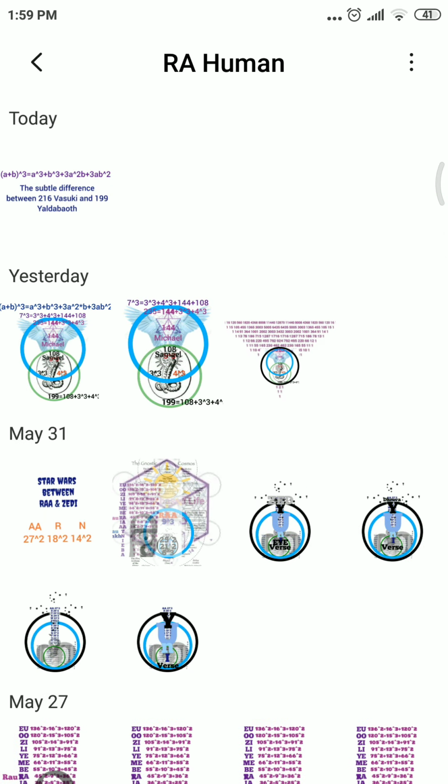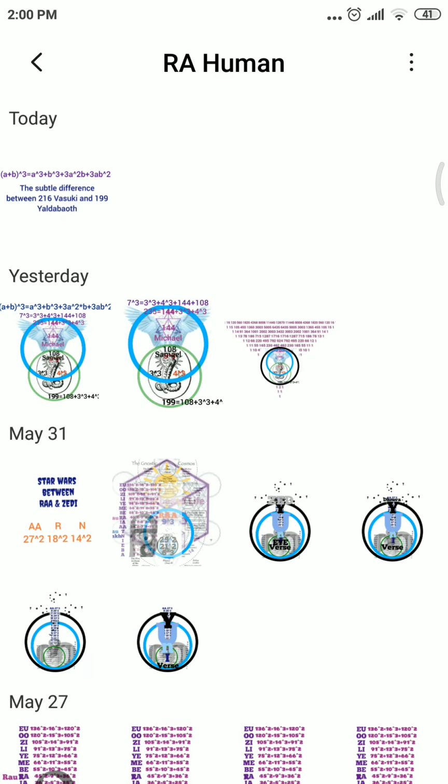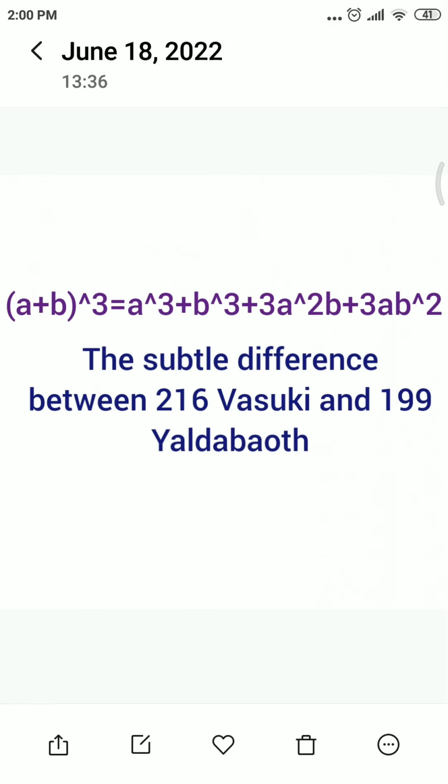And now, let us extend this same analogy, same formula to others. Let us extend it to 8 cube. 8 cube can be expressed as 4 plus 4 cube, right? 4 plus 4 is 8, 8 cube.